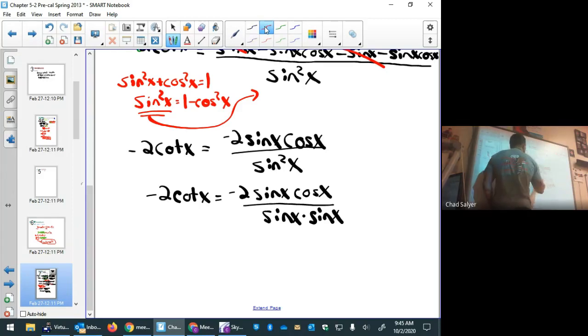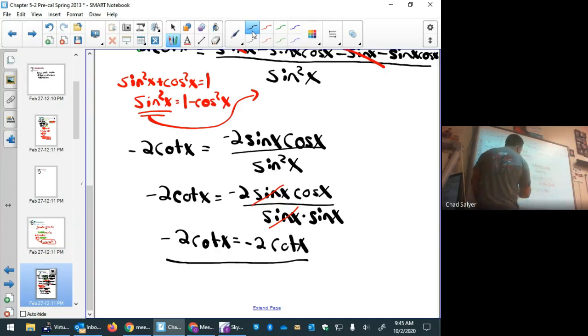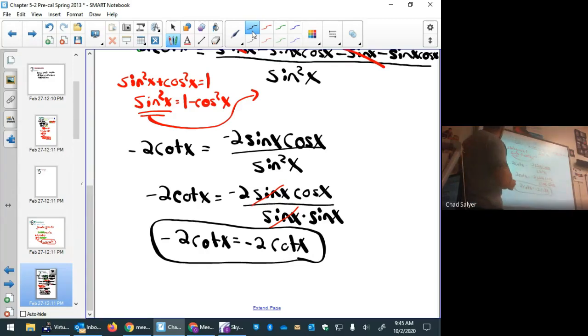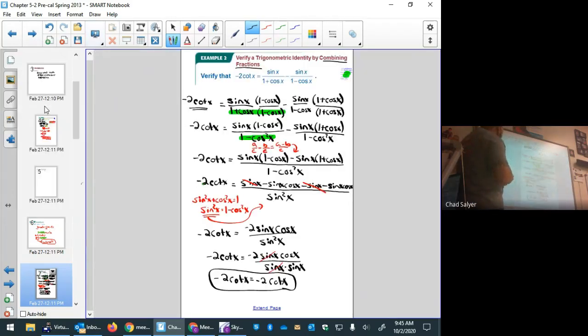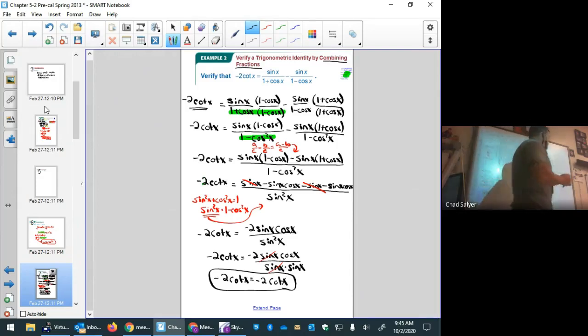And here you see 1 power of the sine will cancel. -2 cotangent x equals -2 cosine over the sine, which is the cotangent of x. So we did it. Verified. I'll try to get this up here. Yeah, okay, it all fits. Just barely, but it all fits.